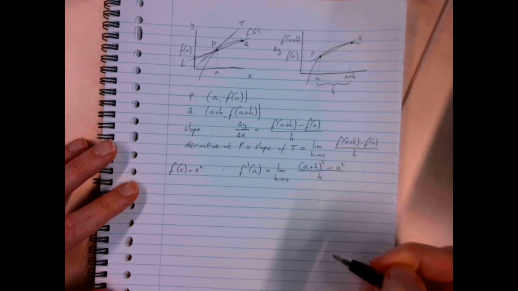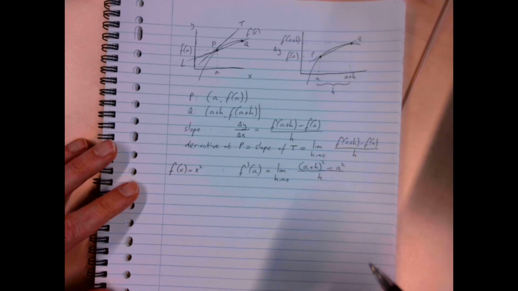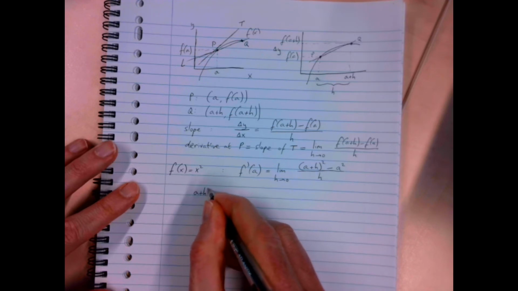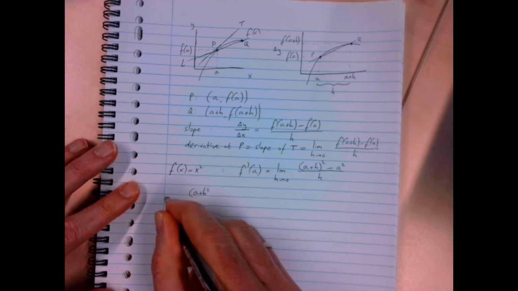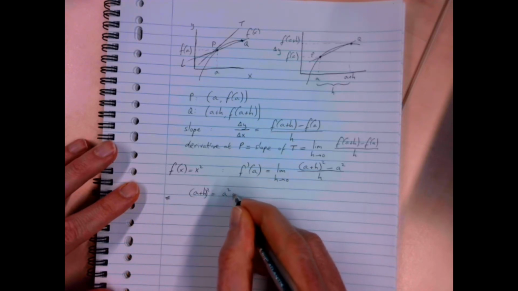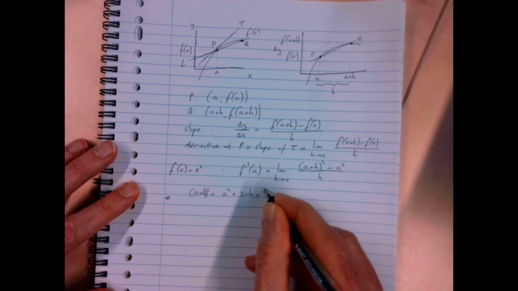Okay, does this help? Yeah, sure it does, because we can actually work out this expression and learn something. So a plus h squared is actually a squared, of course, plus 2ah plus h squared.